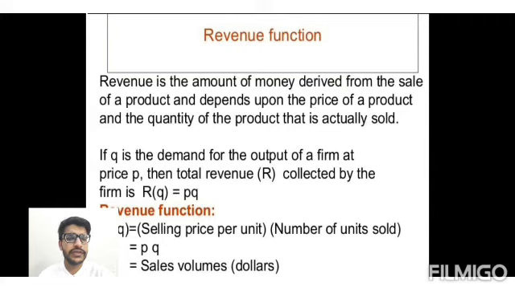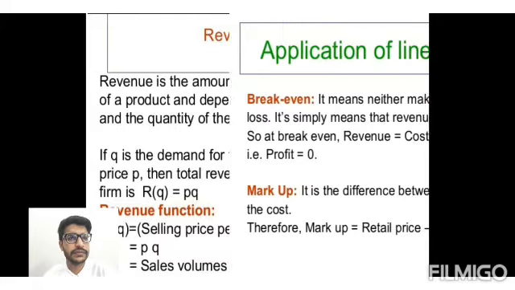If Q is the demand for the output of the firm at the price P, the total revenue R collected by the firm is PQ, where P means price and Q means quantity. R is revenue. The revenue function involves the selling price per unit, the number of units sold, and the sales value.